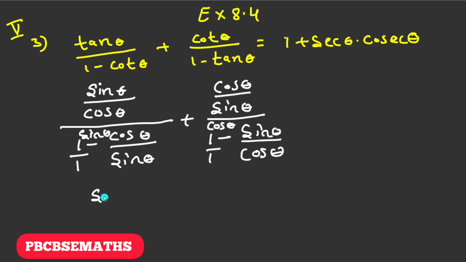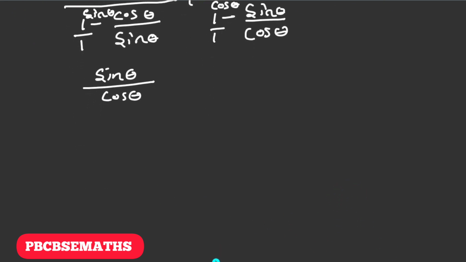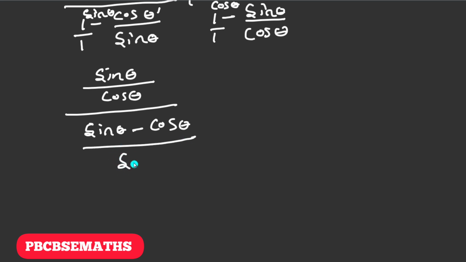Now I am going to write the numerator part as it is, sin theta by cos theta whole divided by 1 into sin theta gives us sin theta minus cos theta into 1 gives us cos theta, whole divided by that LCM sin theta.